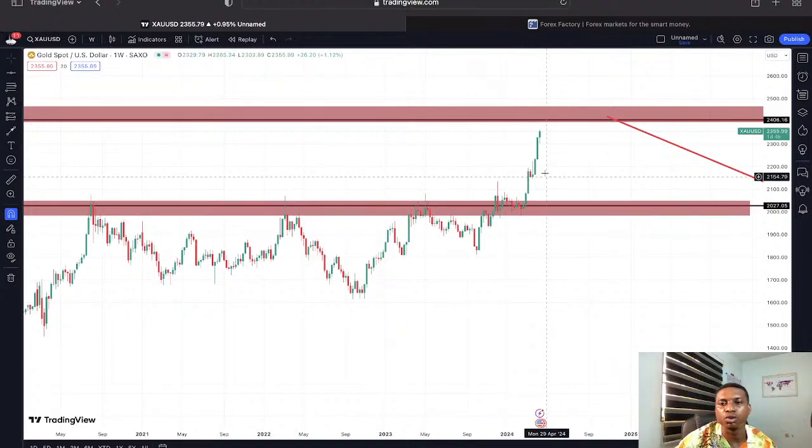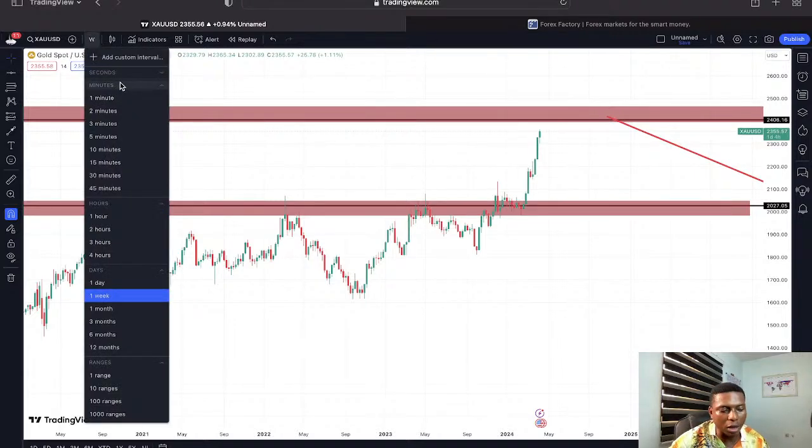So my advice on gold is to look out for a bearish signal at this level that might create a downturn in price.